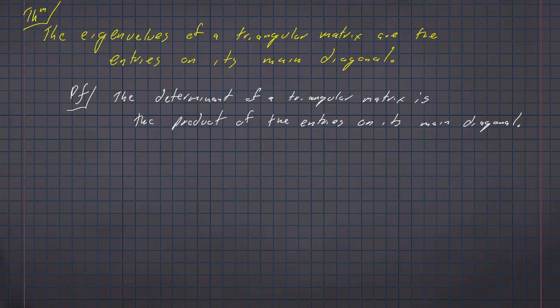The first time we talked about triangular matrices, it was when you are trying to find a determinant, if you have this case, it makes it really easy on you.